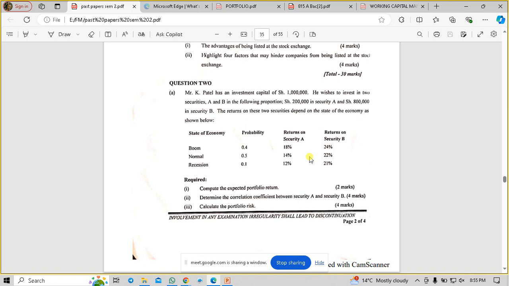One point one. I hope you are getting the standard deviation as 1.1.